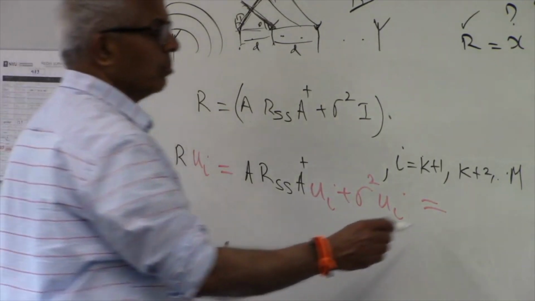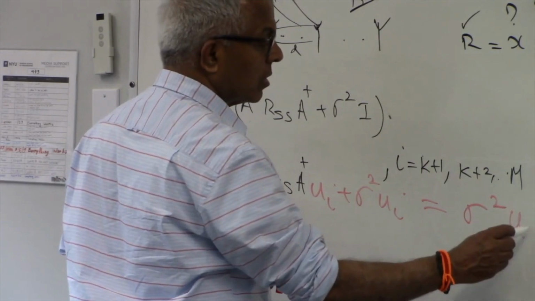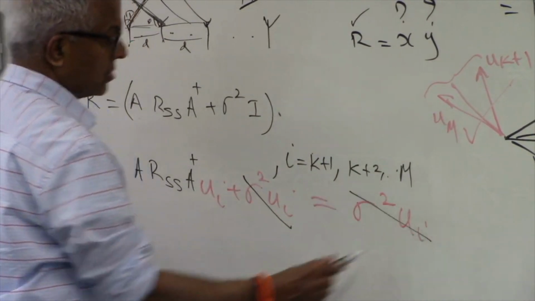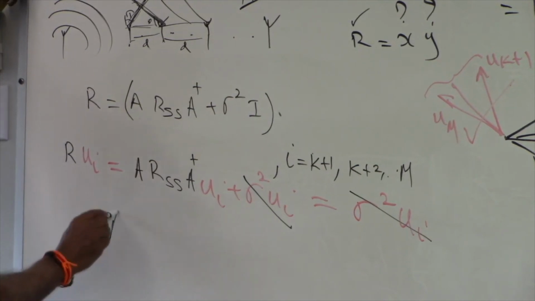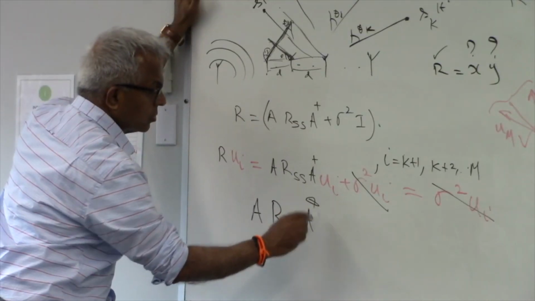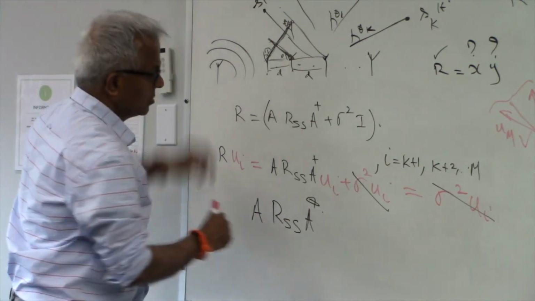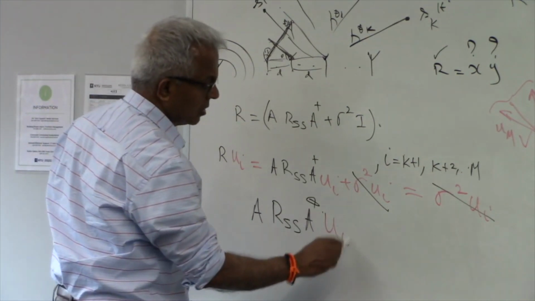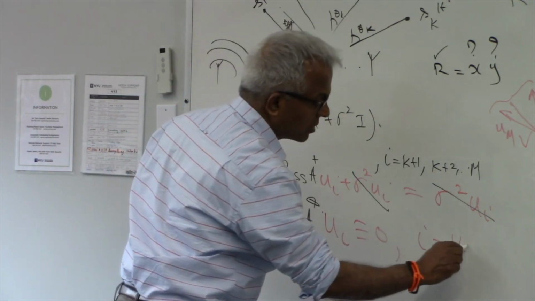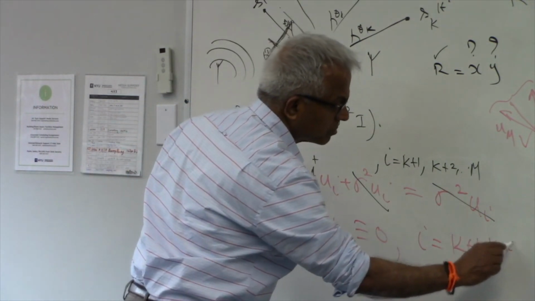Sigma squared ui by definition, right? Then you see this and this cancel. So you get the equation that A R_SS A transpose ui is 0. This is true for i equal to any one of these eigenvectors from the noise subspace.